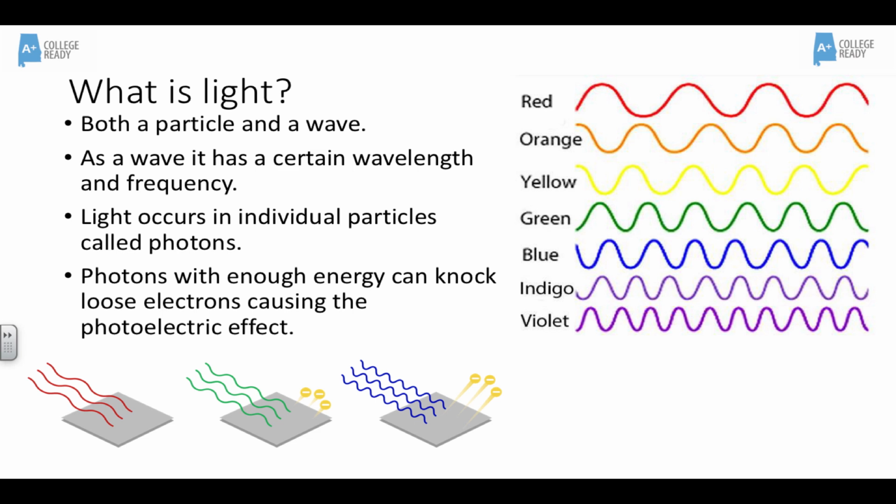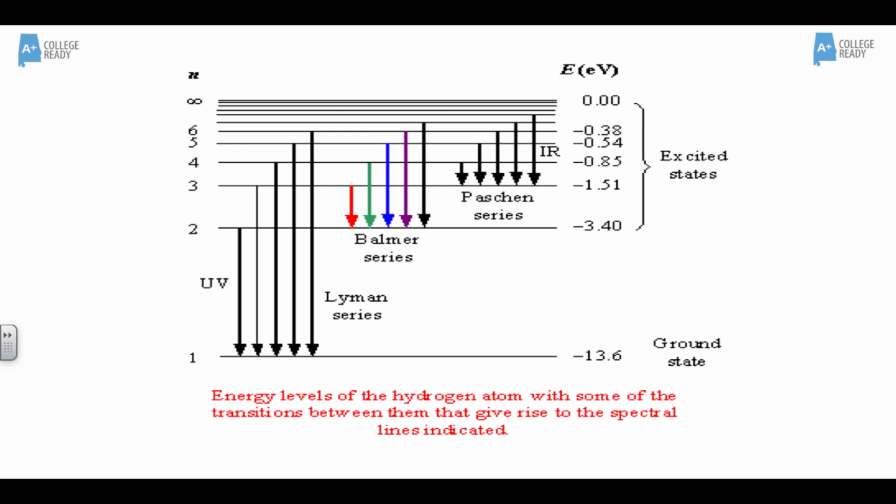Because different kinds of light have different energies, we can therefore draw conclusions about the amount of energy that each electron has. Not only is light given off in the visible spectrum that we can see, light is also given off in parts of the spectrum we can't see. So over here on the Lyman series, this is ultraviolet light.